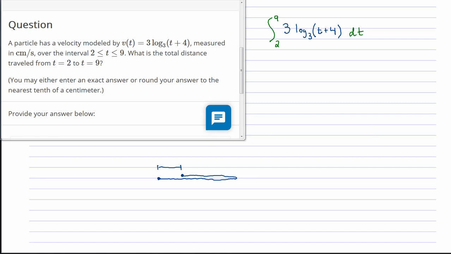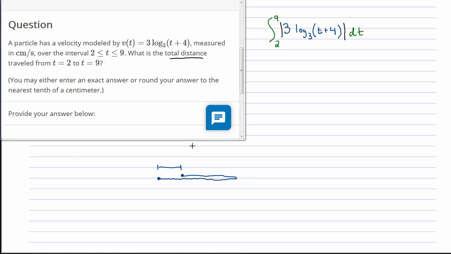So if you have a keen eye, you would say, wait, Travis, I think you've got the wrong thing here. What we really should have is absolute values. If you thought that, you're absolutely right. If you find the integral of the absolute value of the velocity function, that gives you the total distance.